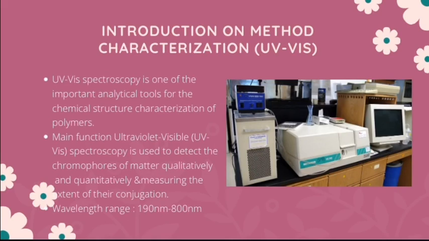Its main function is to detect chromophores of matter qualitatively and quantitatively, and not to forget, it helps in measuring the extent of their conjugation. The wavelength range for UV-VIS spectroscopy is 190 nanometers to 800 nanometers.